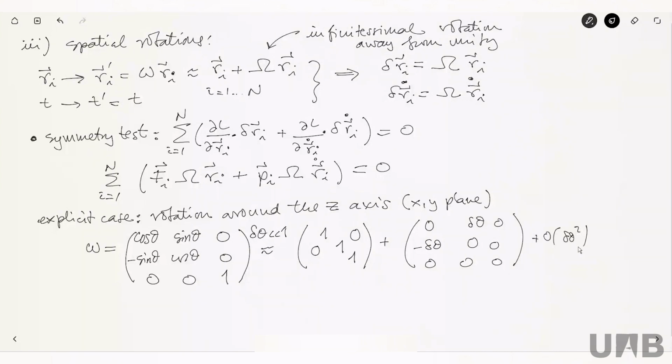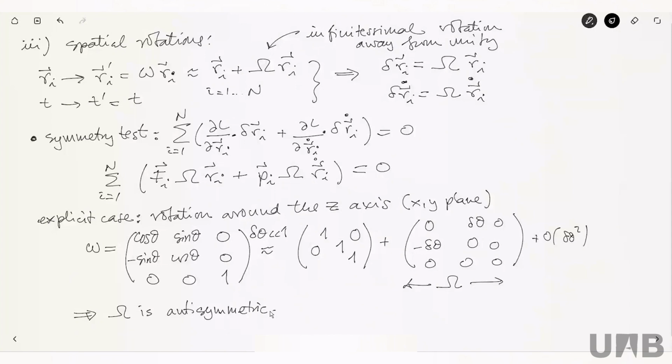Do you agree? And this is plus order delta theta squared. Yes. So this is my matrix omega in this particular case. The important property that I learned by doing this little exercise is that omega is anti-symmetric.